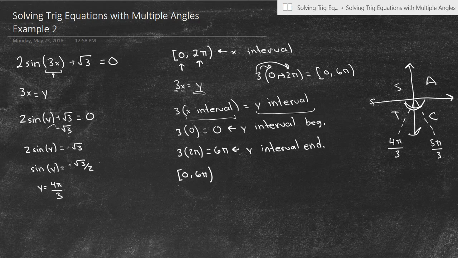Then remember, our interval is from 0 to 6 pi. So we've got to do 4 pi over 3 plus 2k pi. Then we've got y equals 5 pi over 3 plus 2k pi.